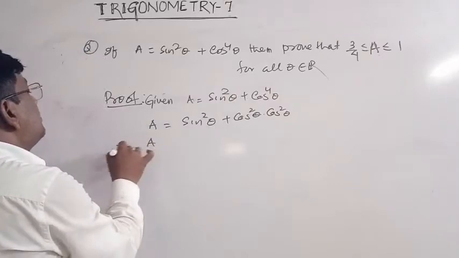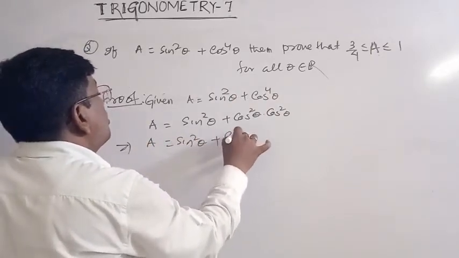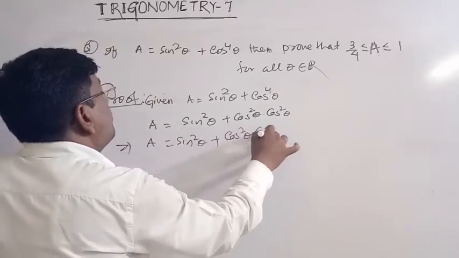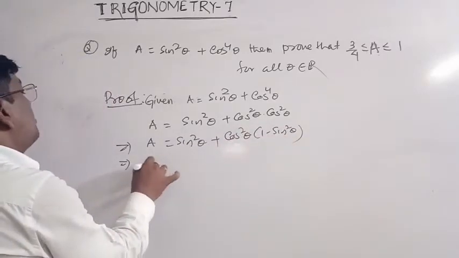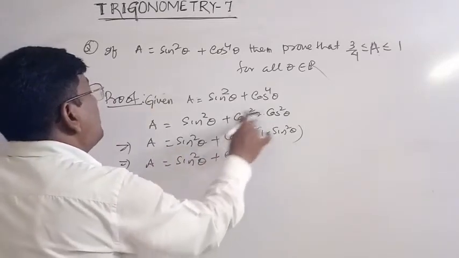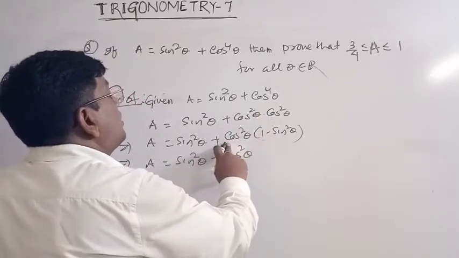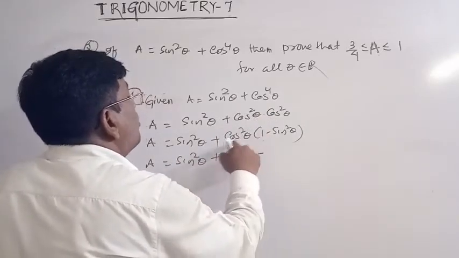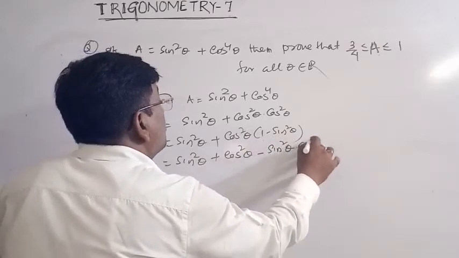So A is equal to sin square theta plus cos square theta into (1 minus sin square theta). So A is equal to sin square theta, multiply this, cos square theta into 1, minus cos square theta into sin square theta, or sin square theta into cos square theta.